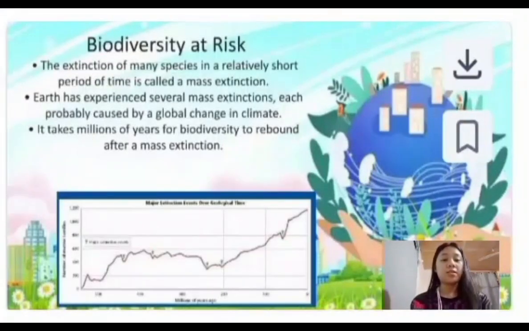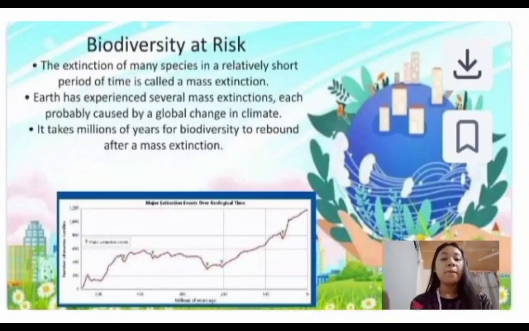Biodiversity at risk. The extinction of many species in a relatively short period of time is called a mass extinction. Earth has experienced several mass extinctions, each probably caused by a global change in climate. It takes millions of years for biodiversity to rebound after a mass extinction.